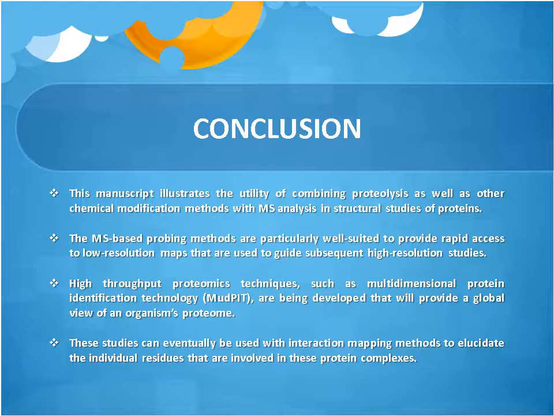Coming to the conclusion, this paper illustrates the utility of combining proteolysis as well as other chemical modification methods with mass spectrometry analysis that are used in structural studies of proteins. The MS-based probing methods are particularly well suited to provide rapid access to low-resolution maps that are used to guide subsequent high-resolution studies.